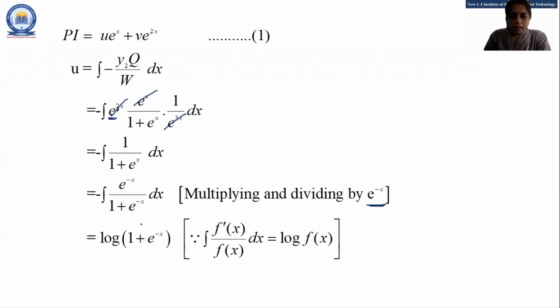So here, the derivative of the denominator is in the numerator. The derivative of the denominator is minus e raised to minus x. So the integration of this term is log of the denominator. We apply this formula, log of the denominator. So this is the value of u.